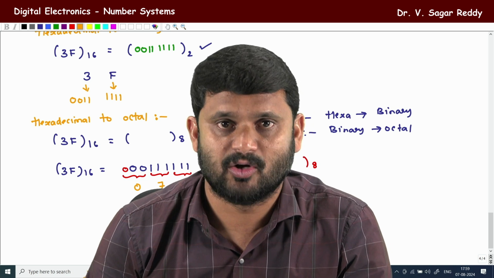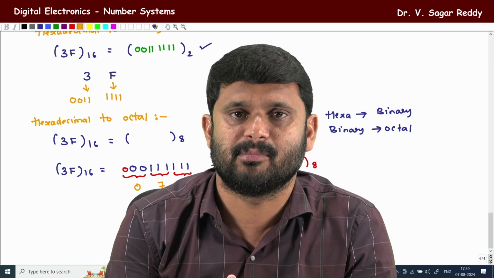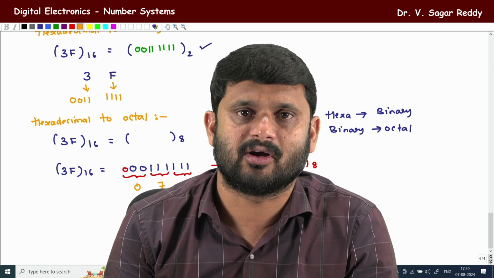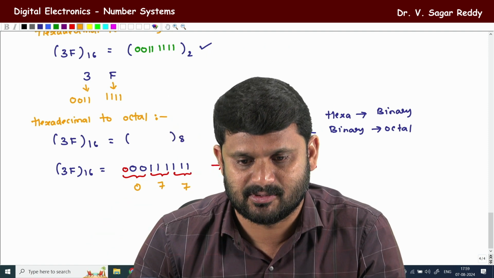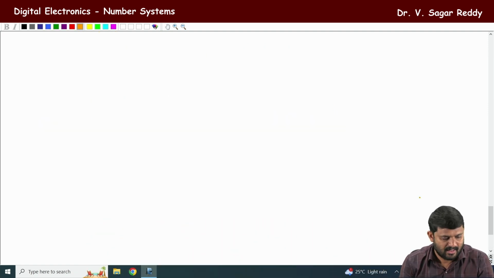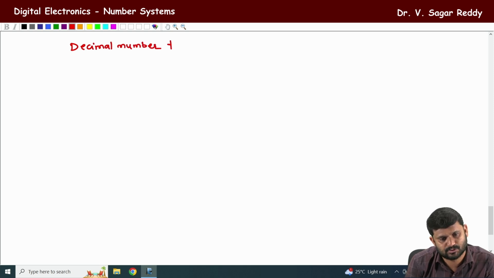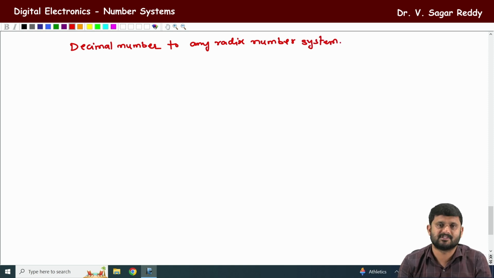Now we will discuss how to represent a decimal number in binary, octal as well as hexadecimal. To convert a decimal number to any radix number system, we'll follow two procedures.